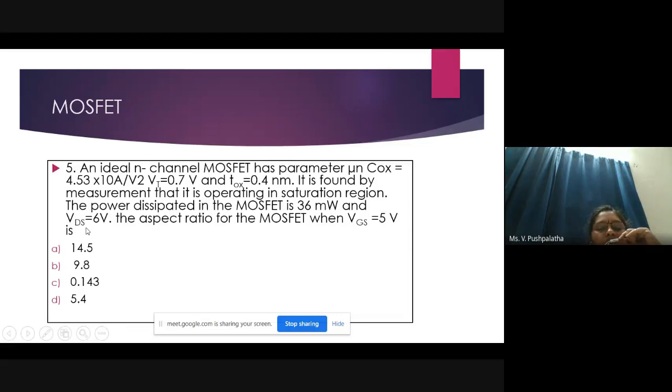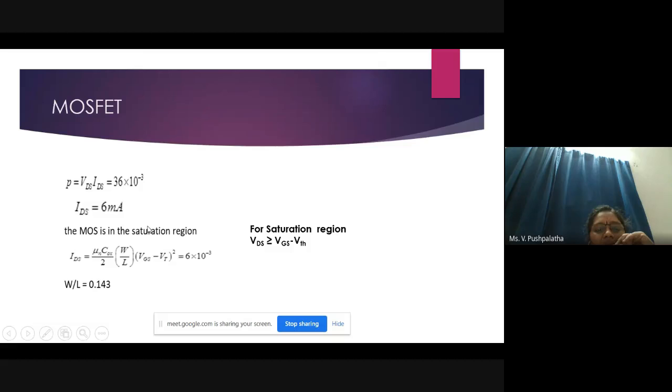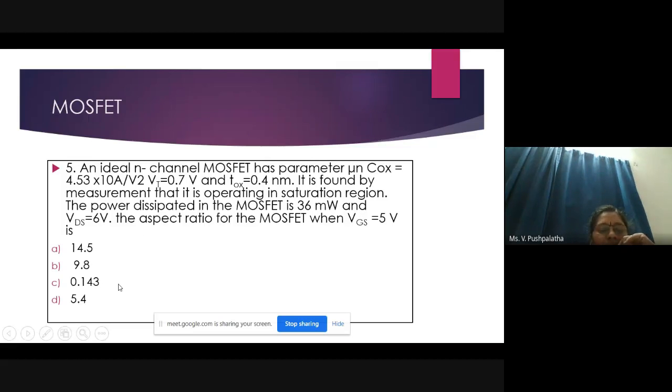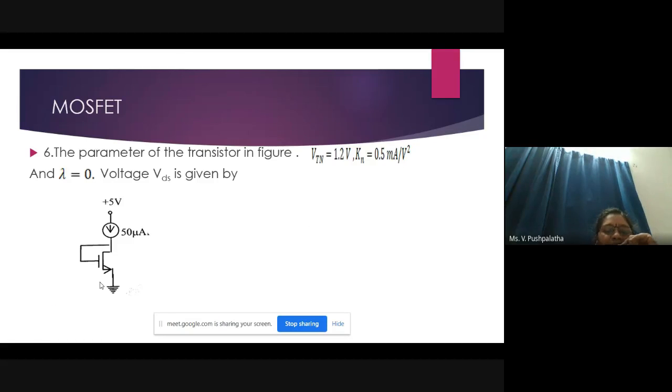So you find out the current equation. Okay, you find out the current IDS value. Then you substitute IDS value, mu n Cox value, VGS minus VT whole squared value. Find out the W by L ratio, which is 0.143. Right? Okay. So the option is C. Next, let me go to the next question.